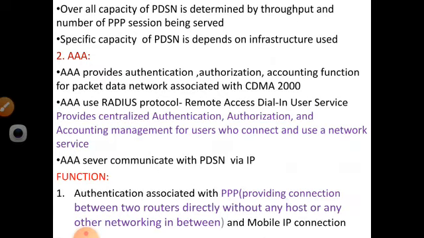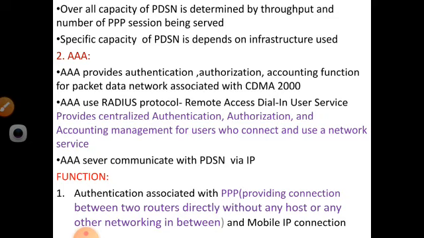So these are the important functions performed by the PDSN. To calculate the overall capacity of PDSN, first we have to determine the throughput and the number of PPP sessions served in the network.